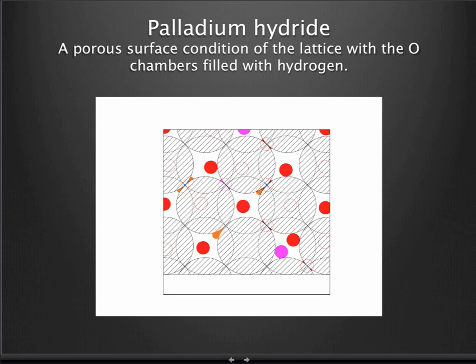In the case of the Palladian lattice, the T chambers will hold a sphere of 62.5 picometers diameter, which is a little less than a picometer larger than the hydrogen diameter of 62 picometers based on the covalent radius.